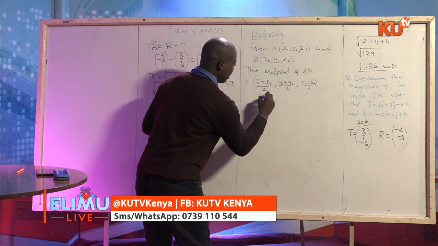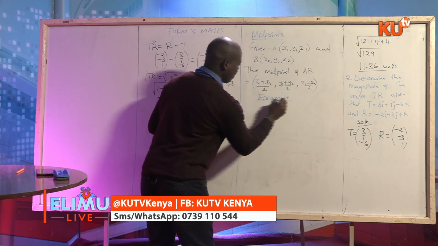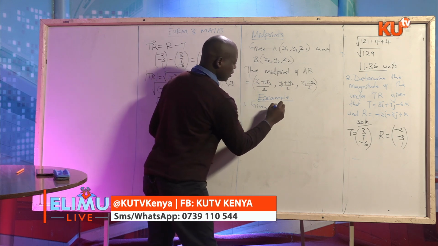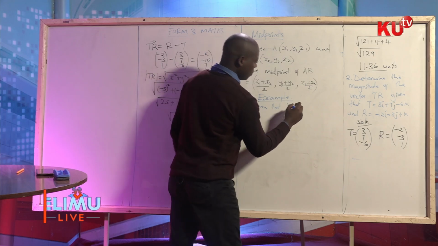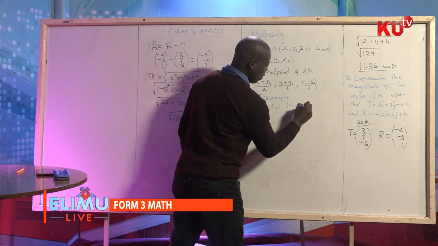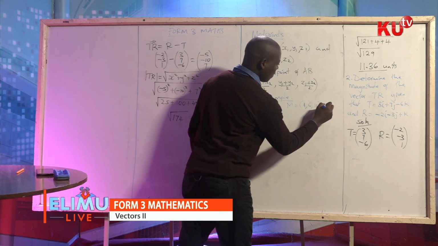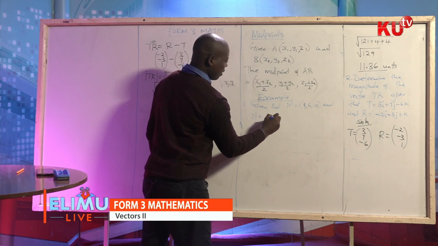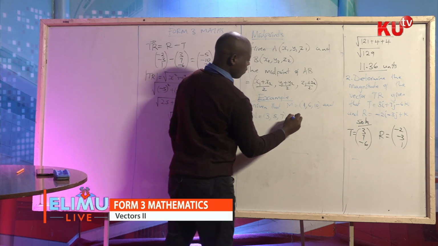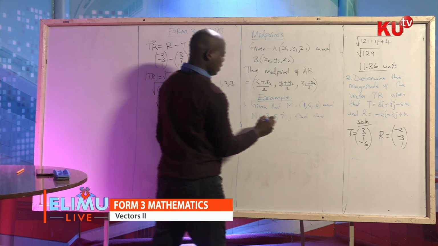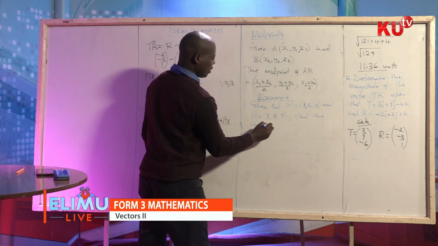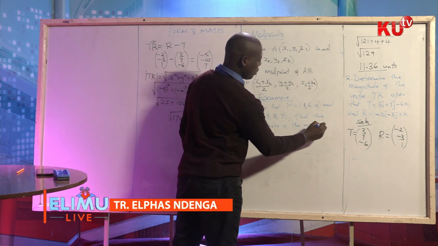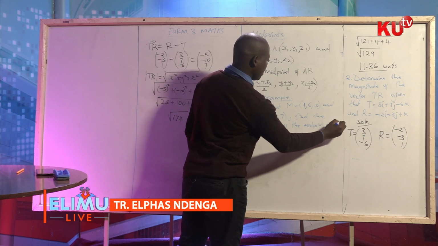Let's put it in practice and look at an example that we can discuss together. Number 1, given that M is the point 1, 6, 10, and N is 3, 5, 7, find the coordinates of the midpoint of MN.